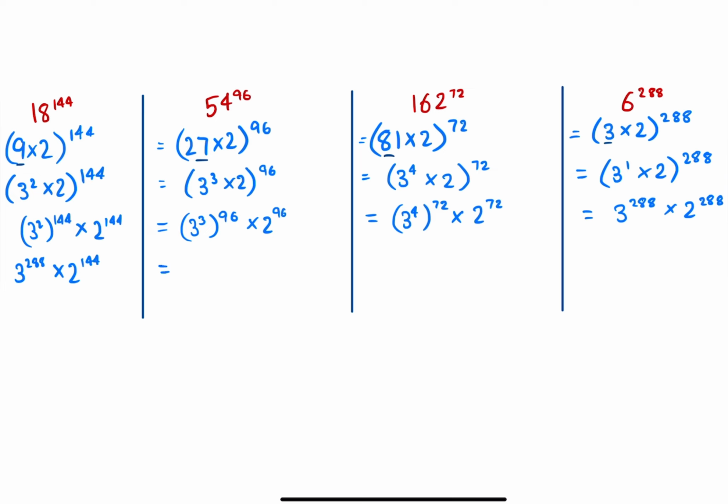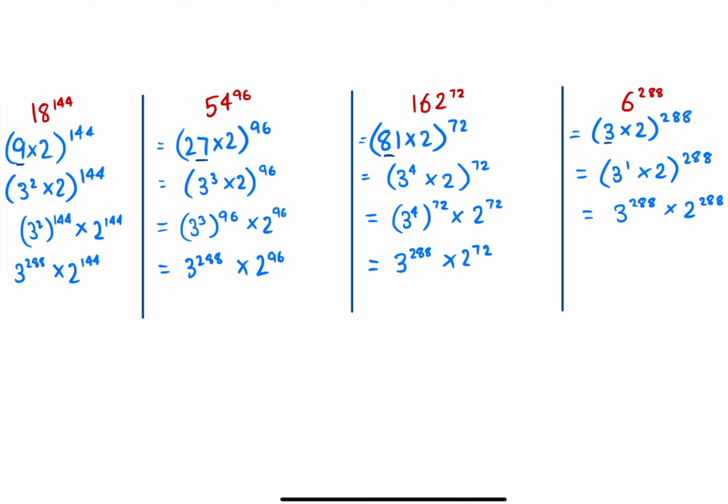Now over here, 96 times 3 again gives you 3 to the power 288 times 2 raised to the power 96. Over here, we have 3 raised to the power 4 times 72, which is again 3 to the power 288 times 2 raised to the power 72. And lastly, we don't really need to expand this because it has already been given as 3 raised to the power 288.